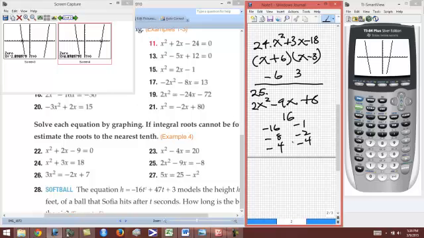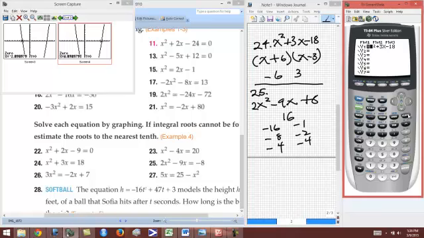So let's put this into the calculator and figure out what's going on. We've got 2x squared minus 9x plus 8. All right, so let's graph it and see what we've got.